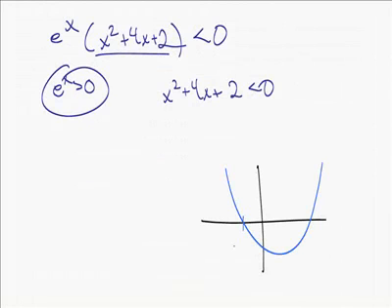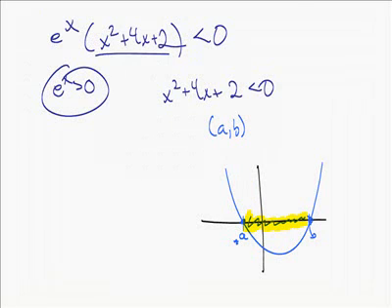So you're going to have to find the two places where your function is equal to 0, and then the interval in between those two places. Let's say this is the point a here and the point b here. Well, the interval in between those two spots, between a and b, is where the function is less than 0. Your second derivative is less than 0, and thus that is where your original function is concave down.